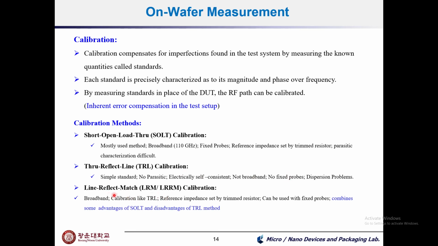Another calibration method is the LRM or LRRM calibration method, where R stands for reflect and M for match. This is also a broadband technique, and it's quite similar to the TRL technique, where the reference impedance is set by the trim resistor, but it can also be used with fixed probes.